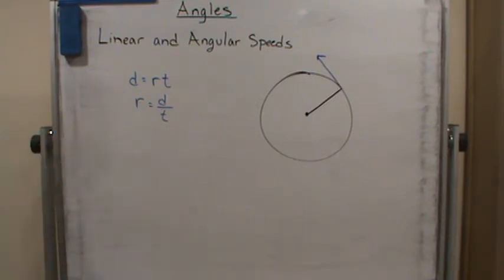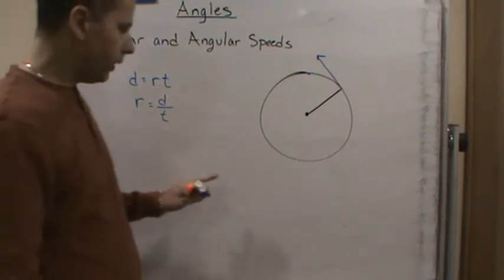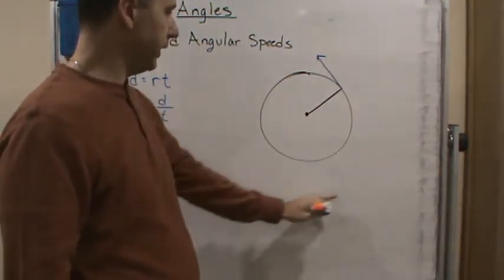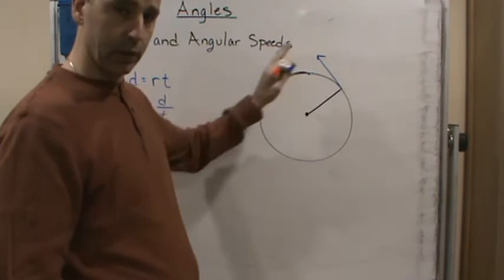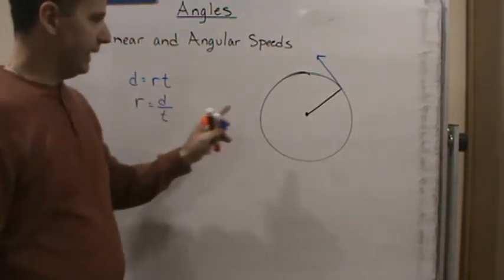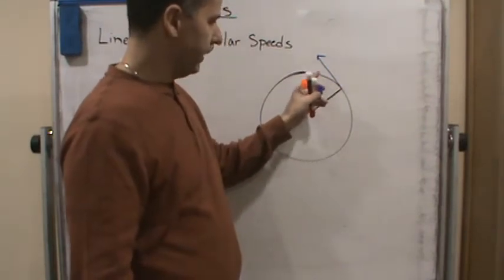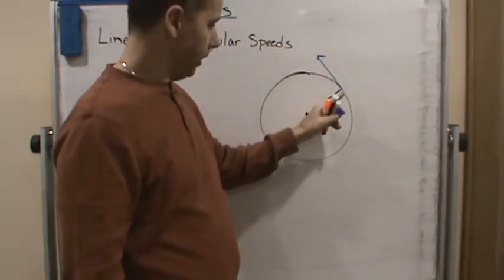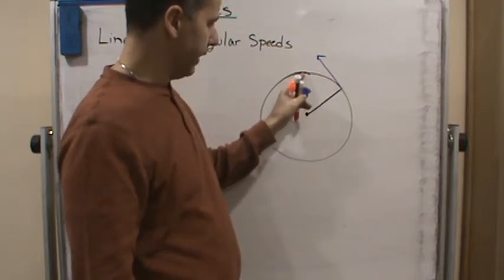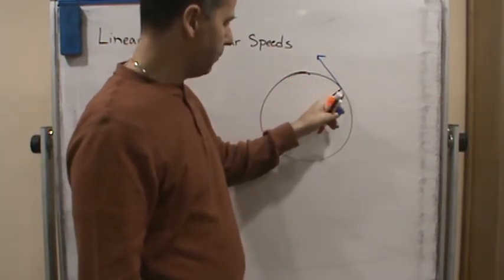That's your speed. Well, in this situation where we're looking at rotations of pulleys or gears or bike wheels, the distance traveled, d, is the arc length. So the chalk mark is going to go from here to here, let's say, and how fast it moves from here to here.